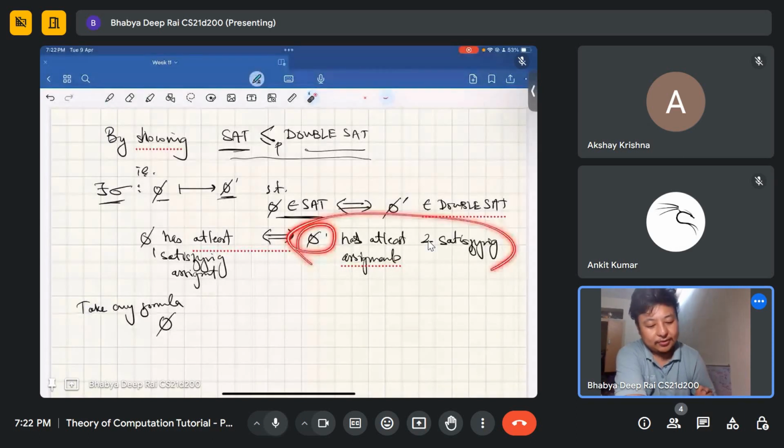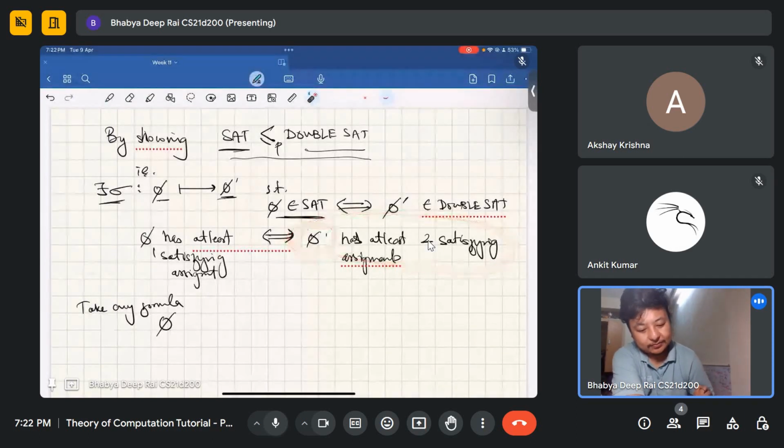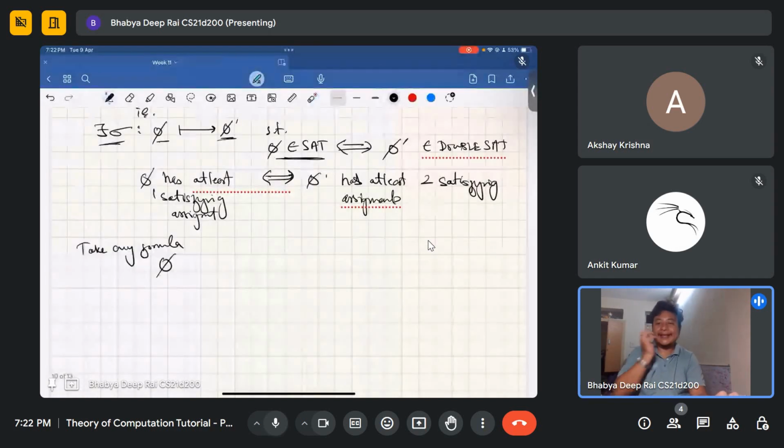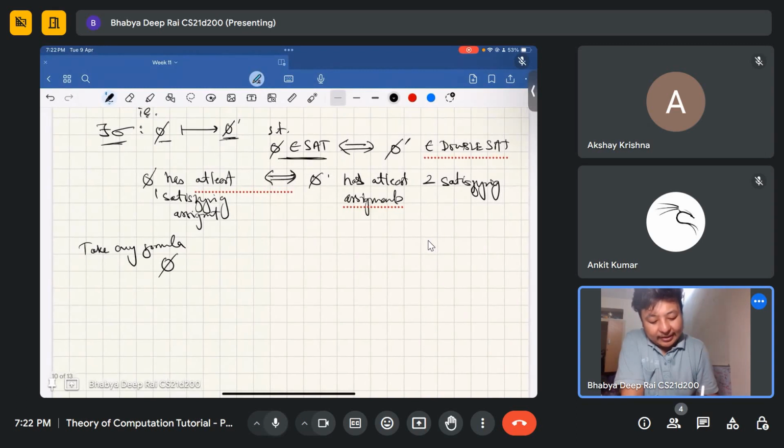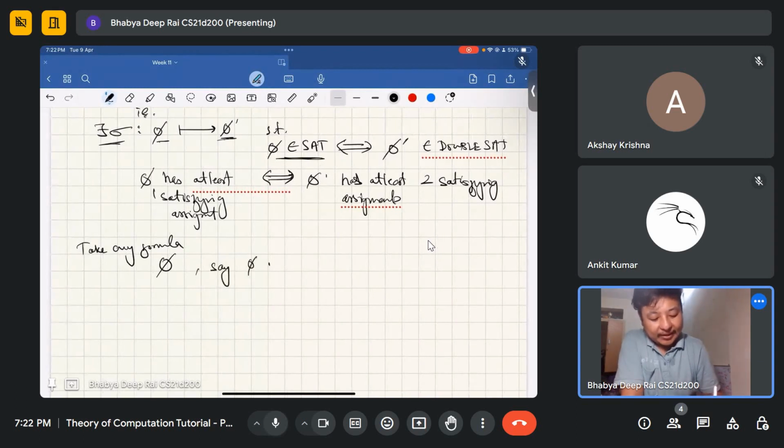So how do you show this? We begin by taking any formula phi and assuming it's satisfiable, that is, phi has a satisfying assignment.